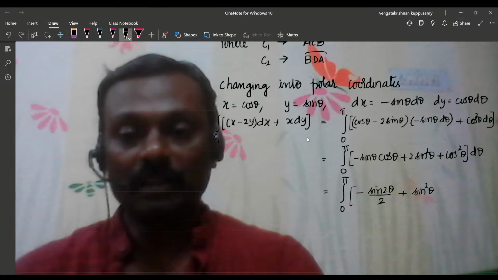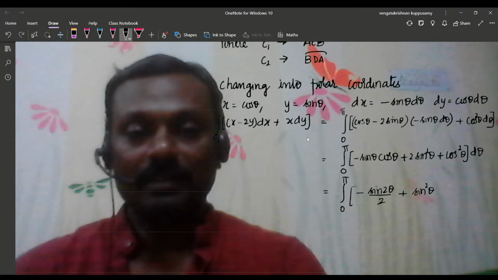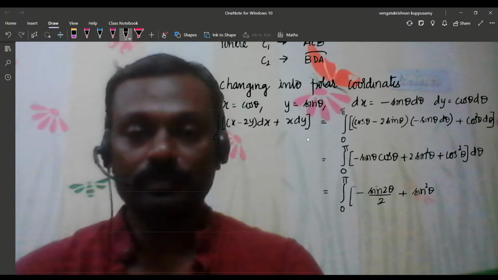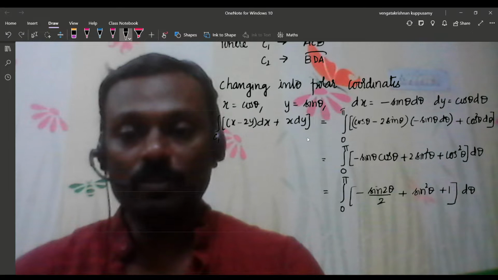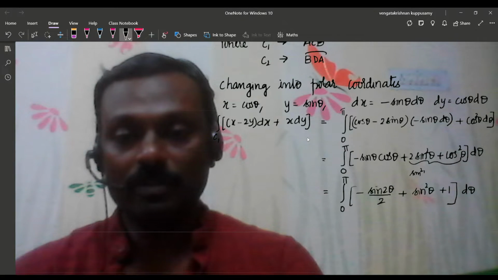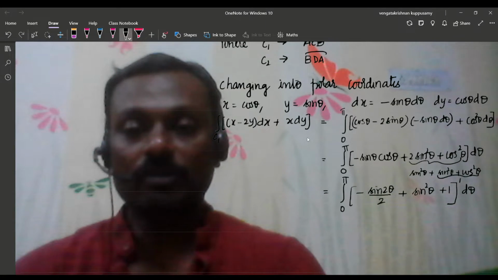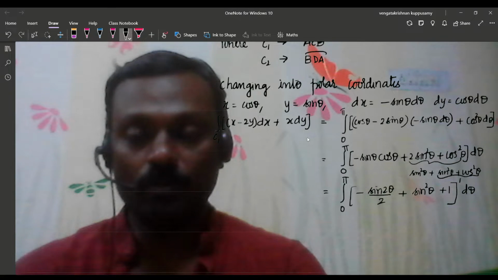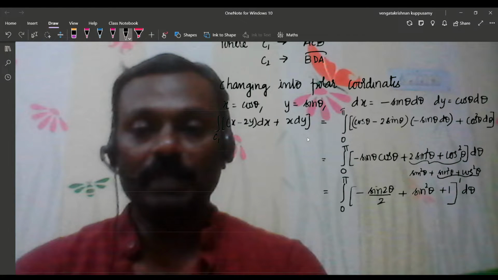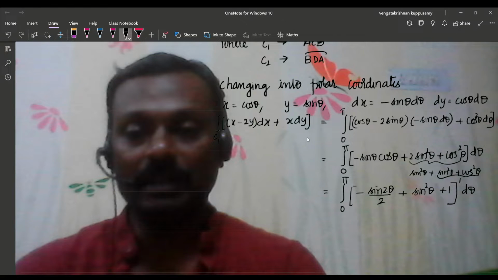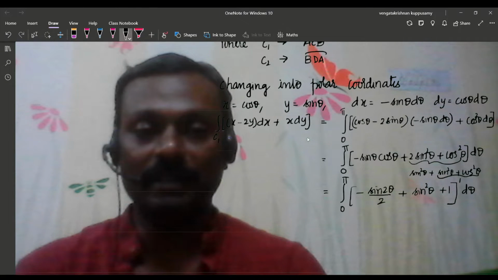Sin theta cos theta is nothing but sin 2 theta by 2, and 2 sin squared theta plus cos squared theta can be split as sin squared theta plus sin squared theta plus cos squared theta, and we know sin squared theta plus cos squared theta is 1. So the integrand becomes minus sin 2 theta by 2 plus sin squared theta plus 1, d theta.